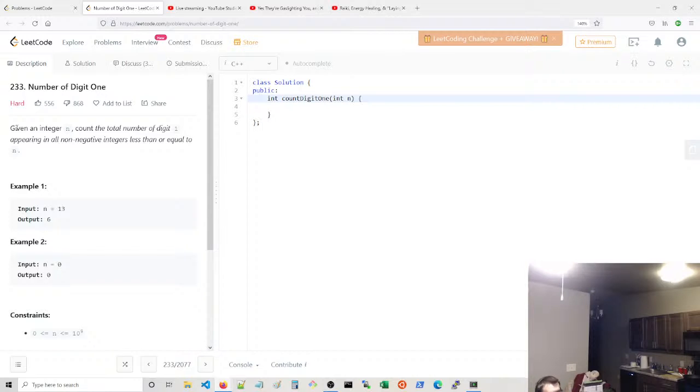So the number 1 has 1. Well, you could maybe do this in logarithmic time instead of constant time. It might be easier.